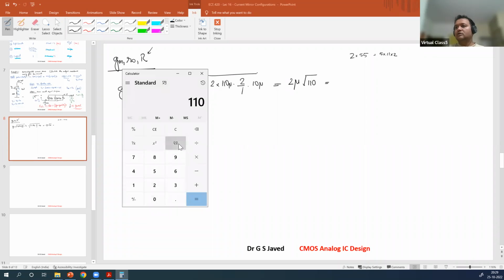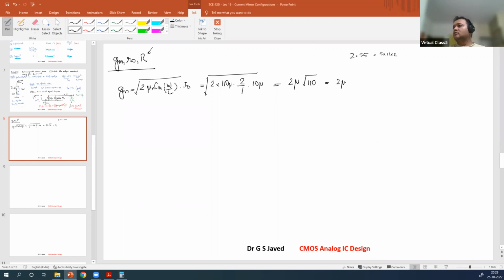Square root of 110 is about 10.49. So 2 micro times 10.49 approximately. And if you approximate this as 10.5, times 2 is 21, approximately 21 microsiemens.